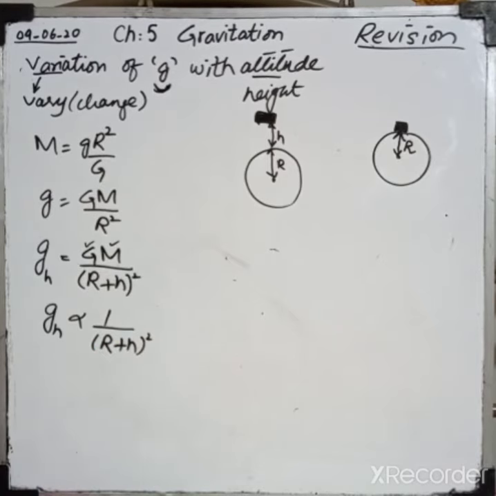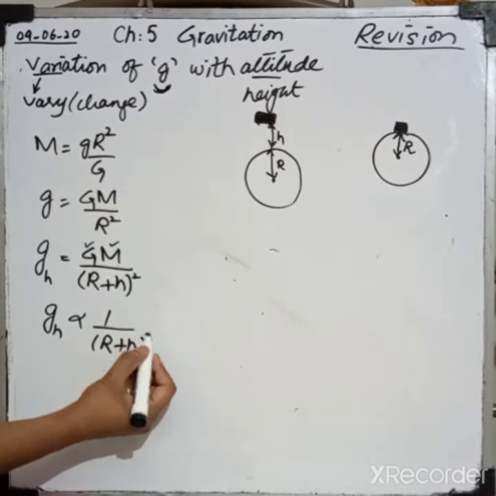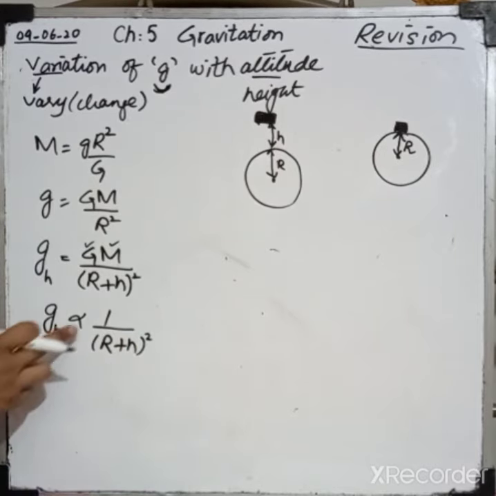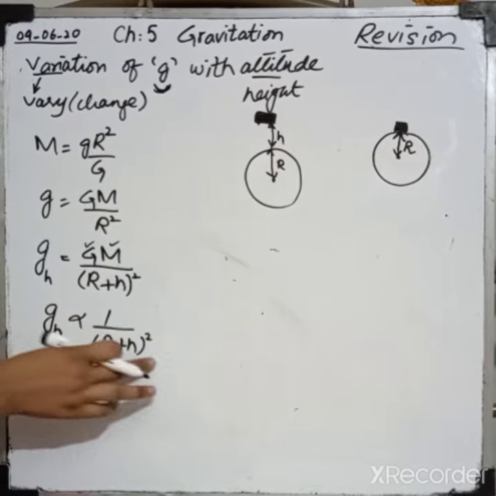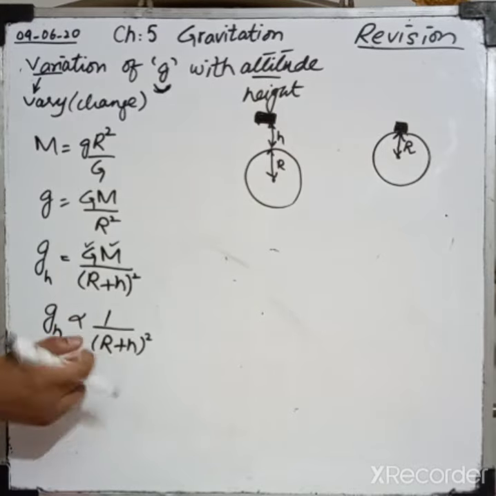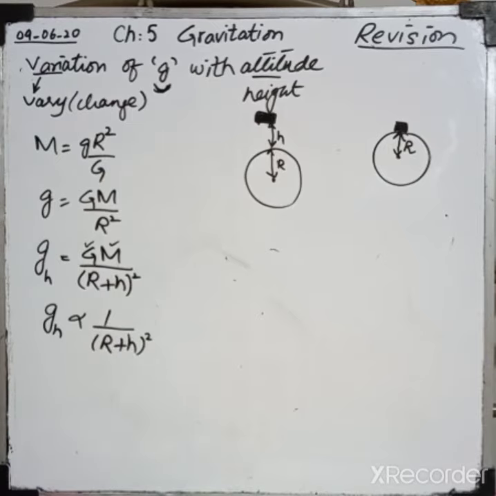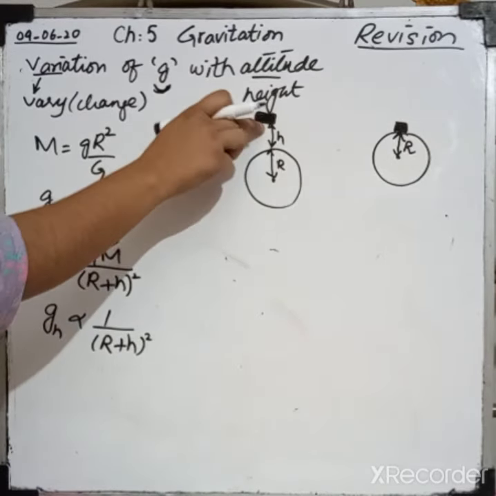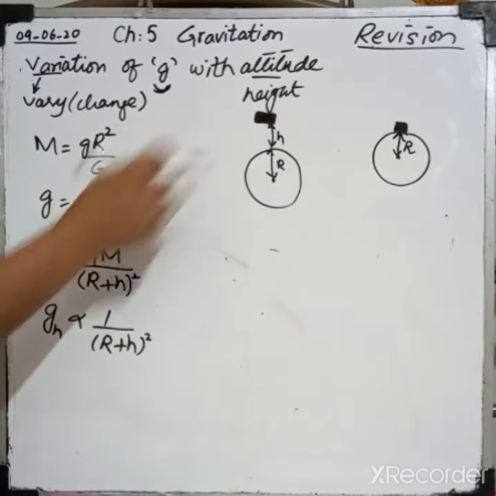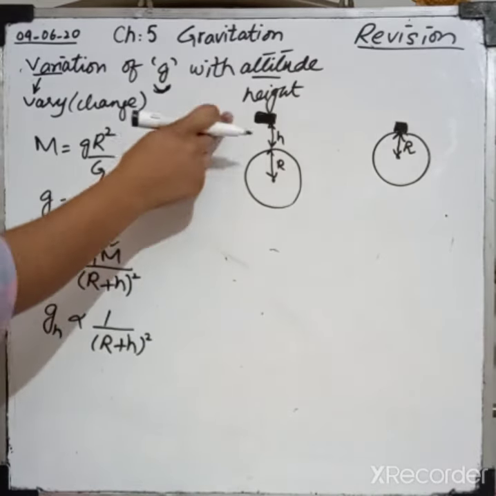This relationship shows that the gravitational acceleration varies inversely with the height. As you go upward, at some height above the surface of earth, the value of gravitational acceleration will decrease.